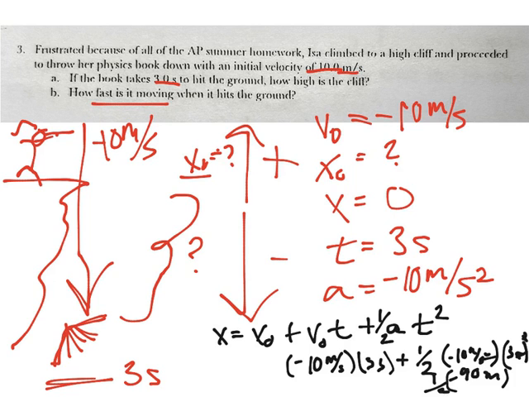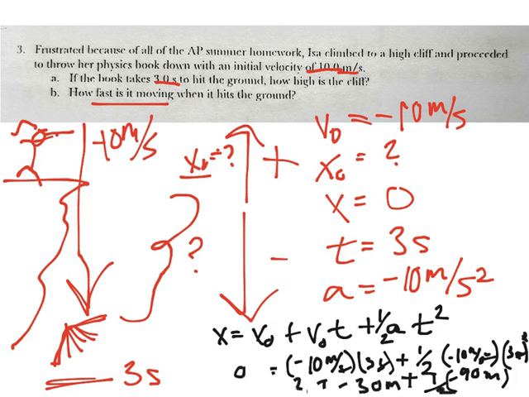Let me draw that a little better. Times 1/2 plus negative 3 times negative 10 gives you negative 30. Seconds cross out. Negative 30 meters plus our initial, which we don't know, is all equal to 0.